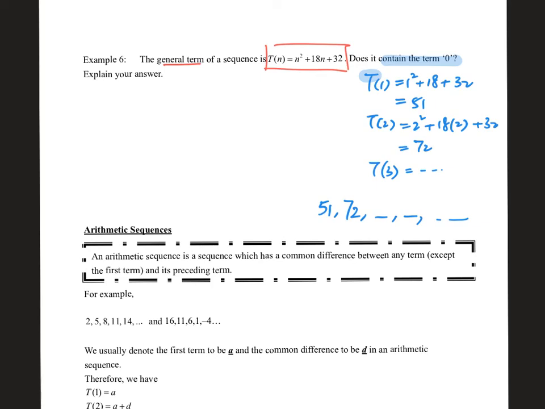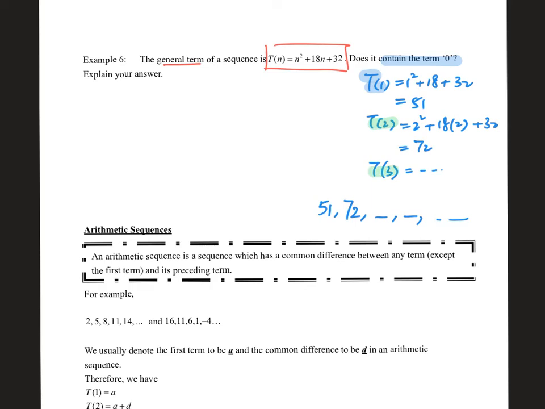But in a more systematic mathematical way, can you find a method? The key is, if you want to find T1, you put n is 1. If you want to find term 2, you put 2 there. If you want to find term 3, you put n to be 3, and so on.